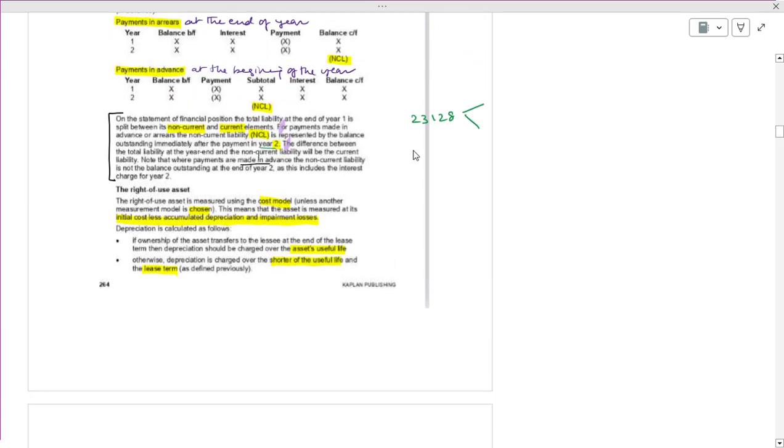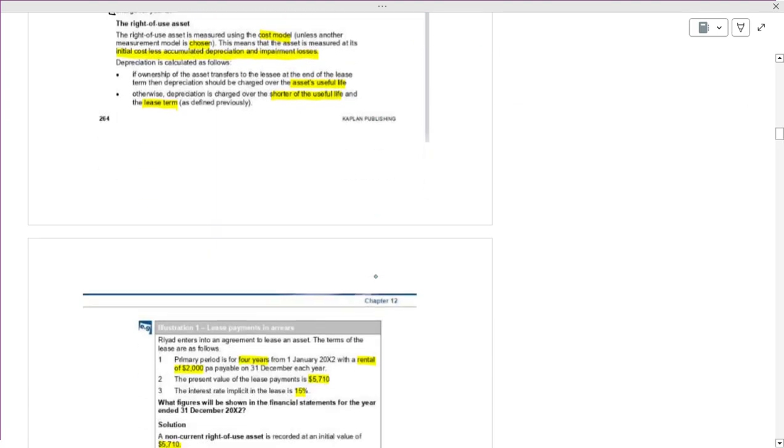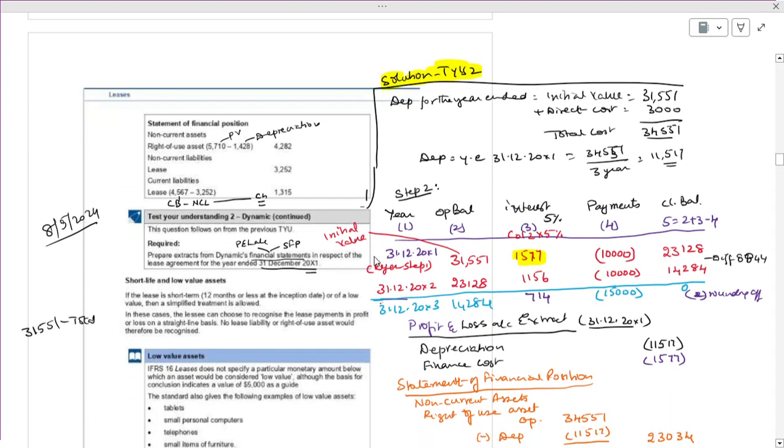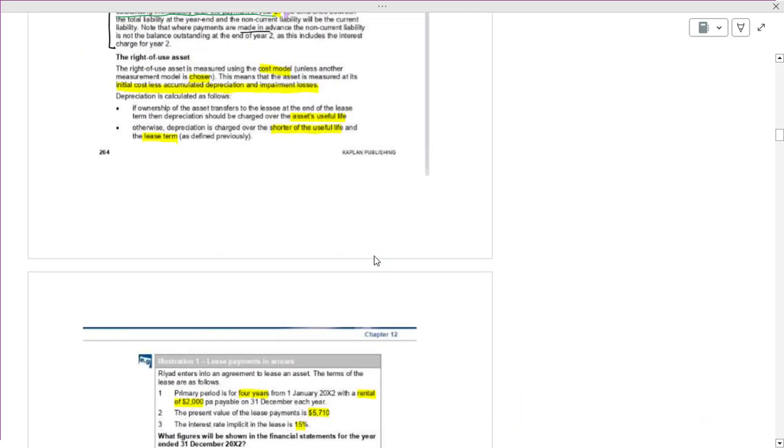Okay. See, the non-current liability is represented by the balance outstanding immediately after the payment in year 2. The balance after the payment in year 2 is how much? 14,284.